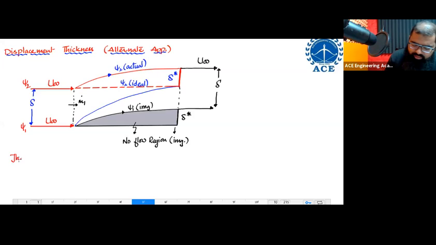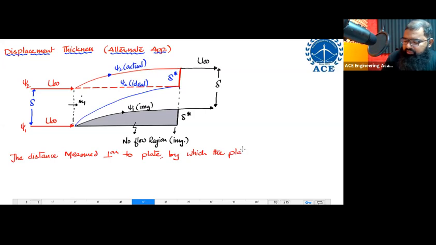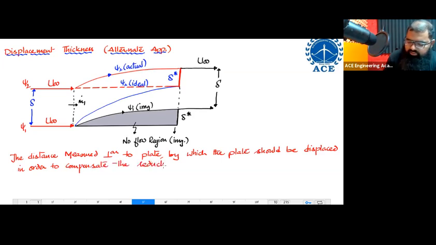The distance measured perpendicular to the plate by which the plate should be displaced in order to compensate the reduction in mass flux inside the boundary layer.